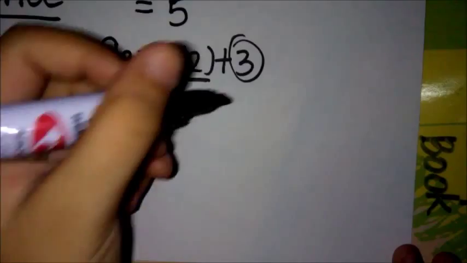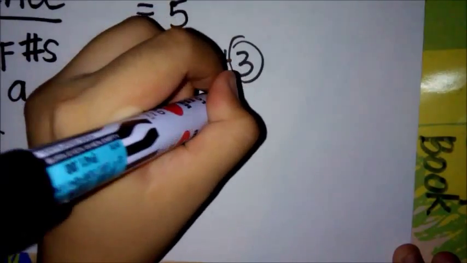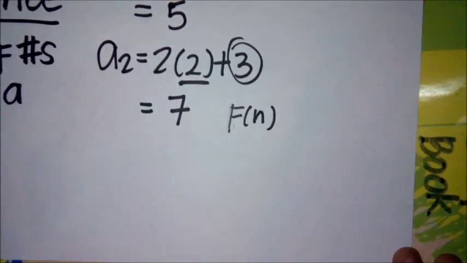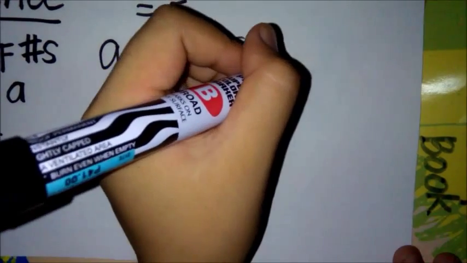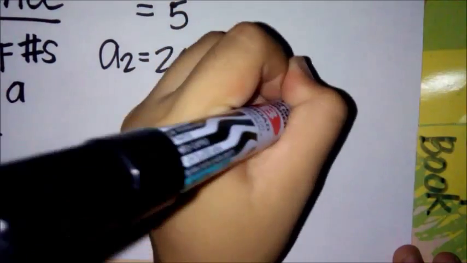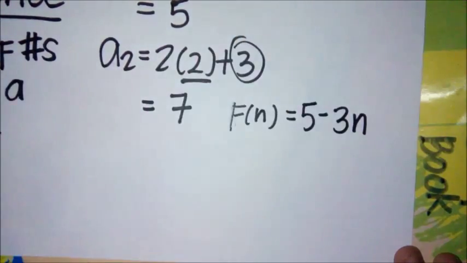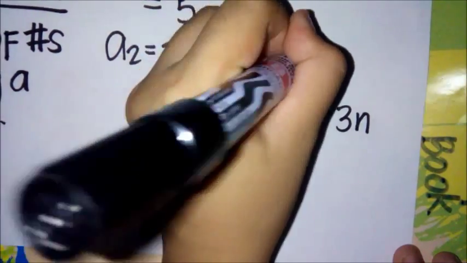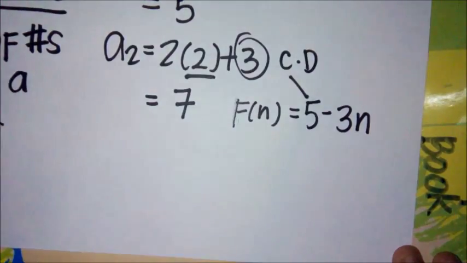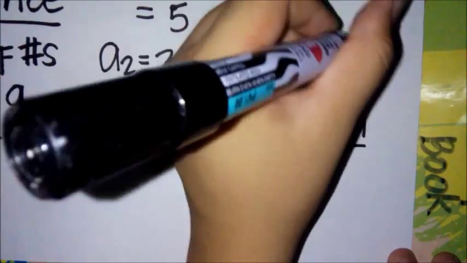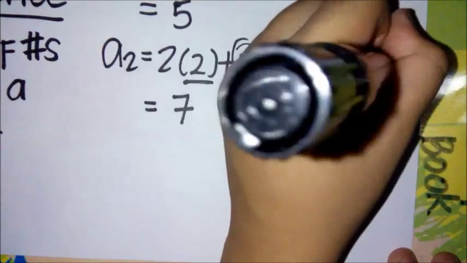Another example is f of n is equal to 5 minus 3n. Here, the common difference is 5, and the n here still is the number of terms.